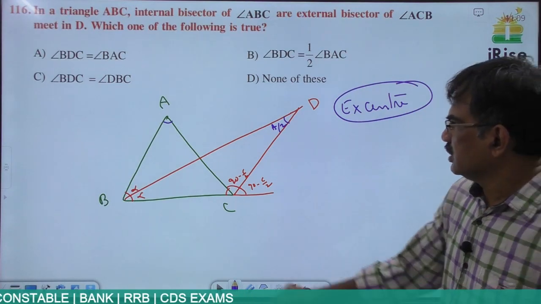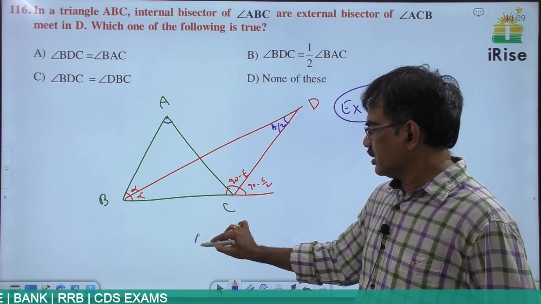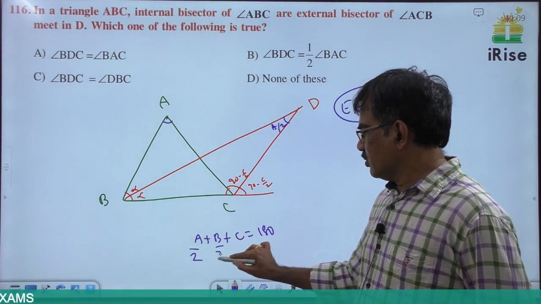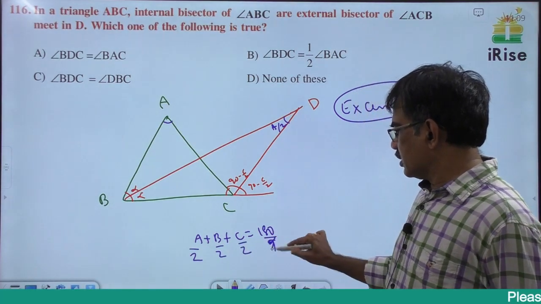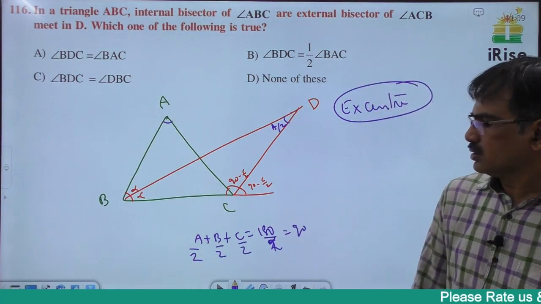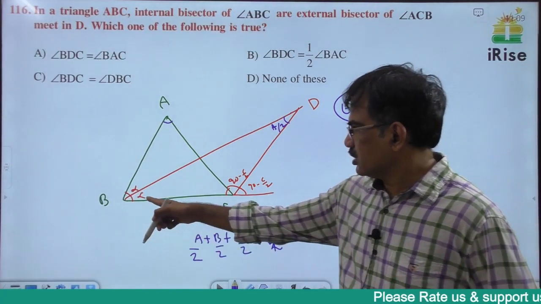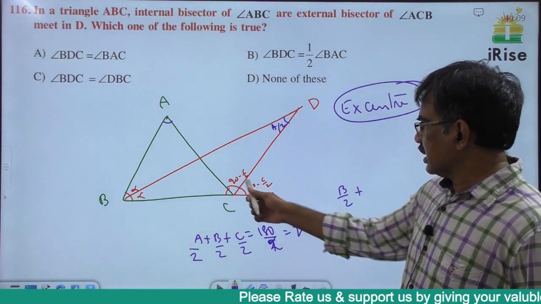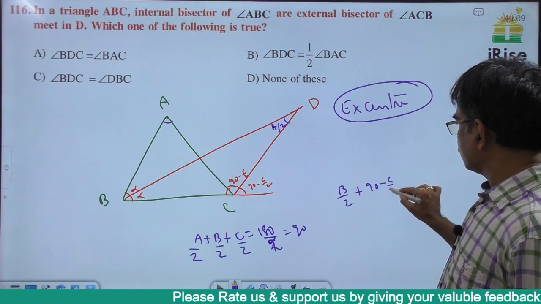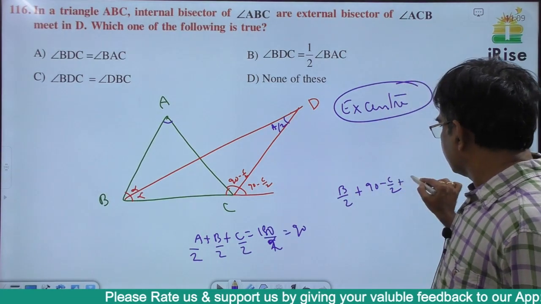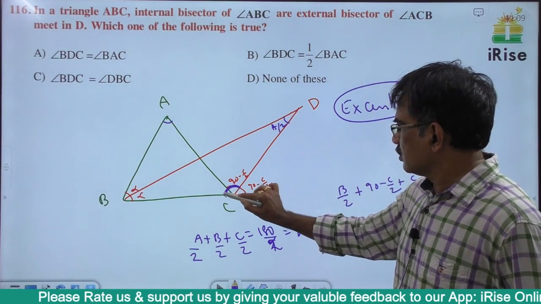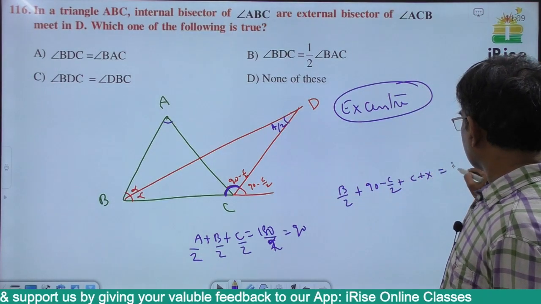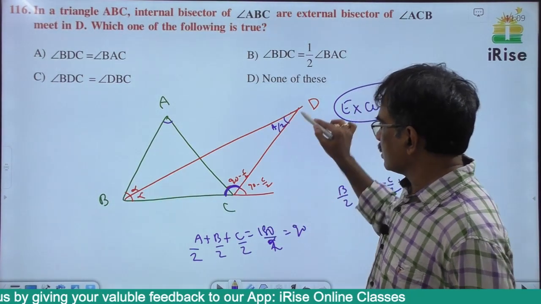So here the proof is A plus B plus C is equal to 180 degrees. Very simple proof. A by 2 plus B by 2 plus C by 2 is equal to 90 degrees. Already this is B by 2, this is 90 minus C by 2, plus C, plus I want to consider this as some X, must be equal to 180, because consider this as a triangle.